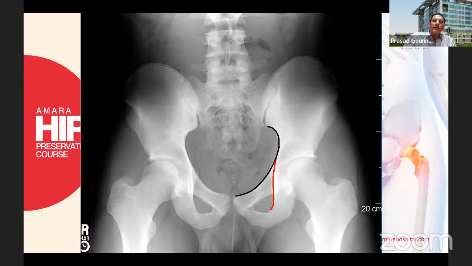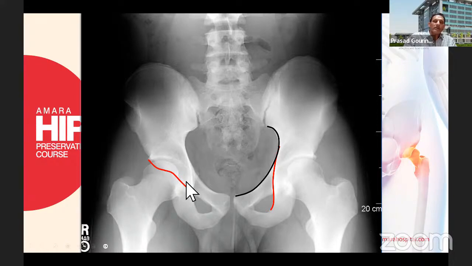That's your iliopectineal line. In hip preservation, we don't have a specific importance for this line, for the anterior column. That is one of the walls. If you want to guess whether it's a posterior wall or an anterior wall, the way you look at it is, the anterior wall usually has a nice S shape to it, and it goes towards the bottom of the superior pubic ramus.